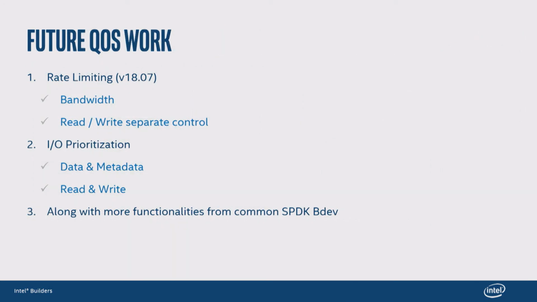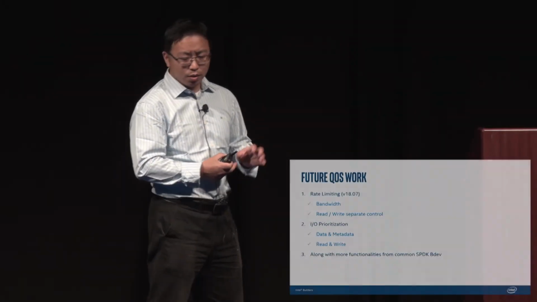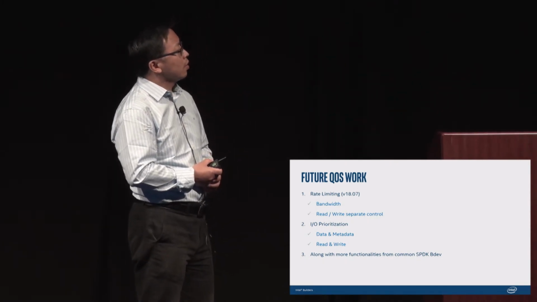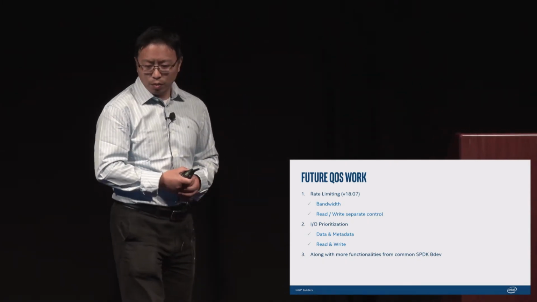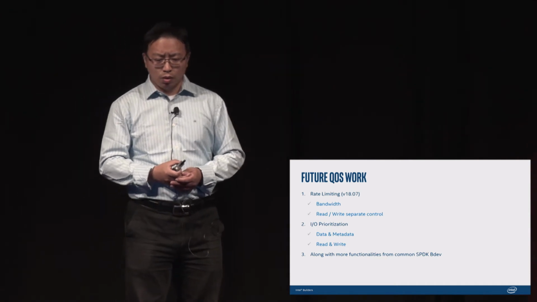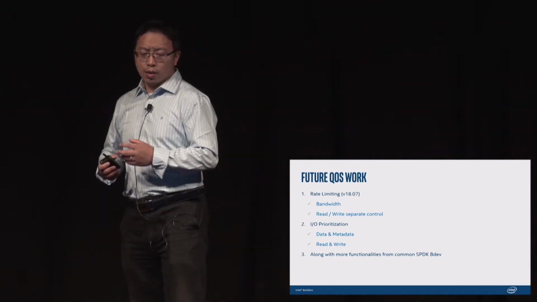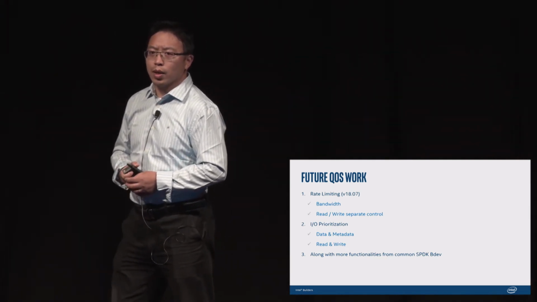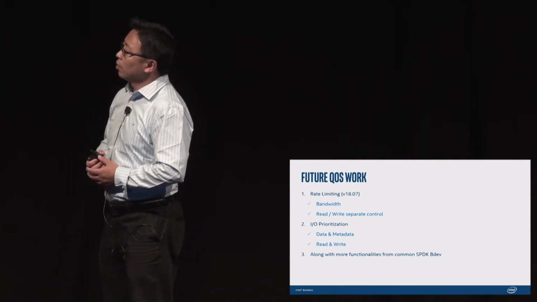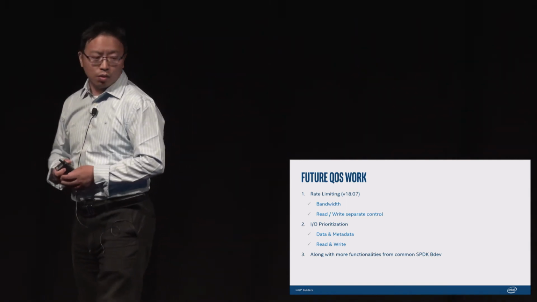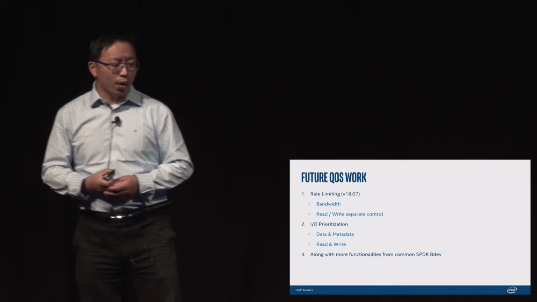So I will talk about some future work. In the 18.07 release we would like to do bandwidth rate limiting, besides the IOPS rate limiting, and also read and write separate control, which means read and write have separate rate limiting on IOPS or on bandwidth.